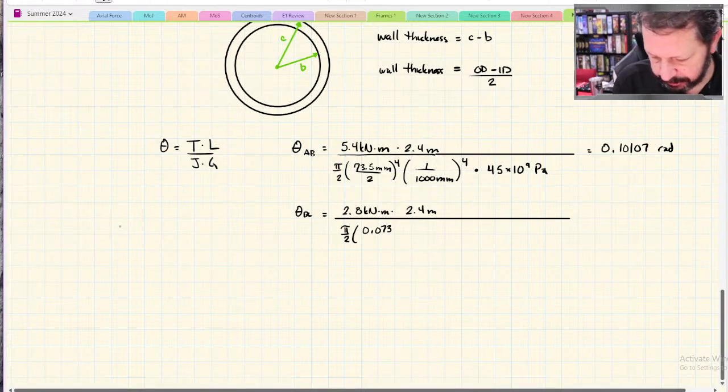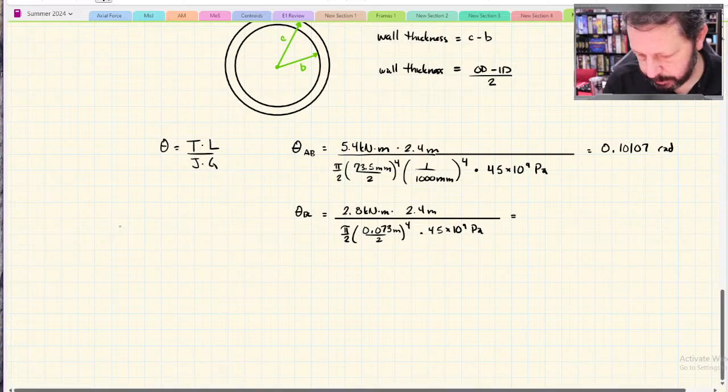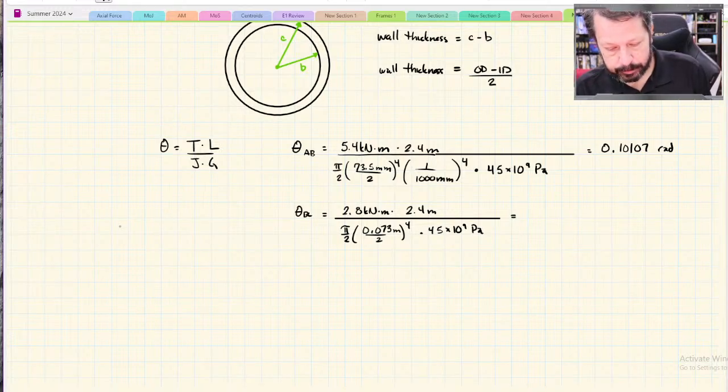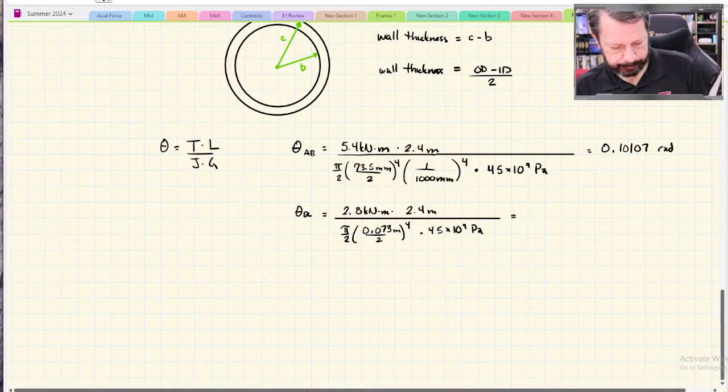I'll write this one differently just to show a different way to write it. And so what I would expect is to get a smaller amount of radial twist. But let's find out.